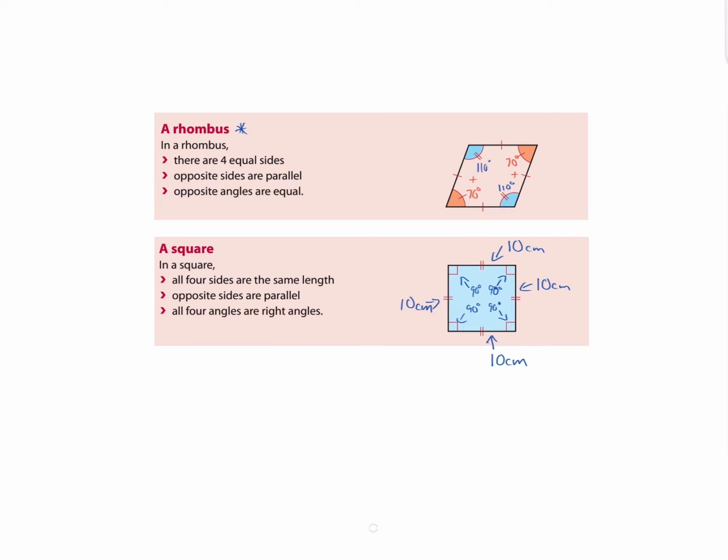So the key rules are all four angles added together equal 360 degrees, okay? And the next rule is opposite angles are equal, okay?